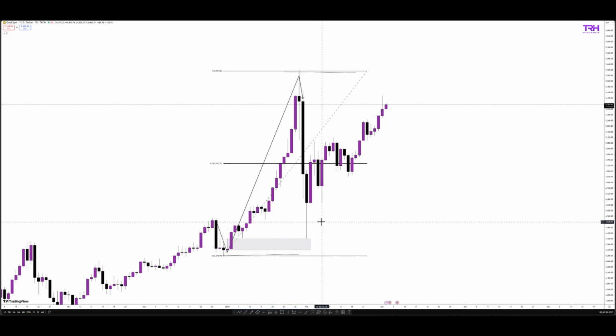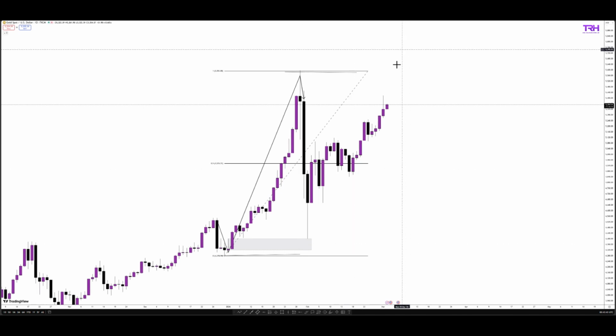The POI is going to throw the movement upward. So as you can see, price was in a discount area right here. Price moved, retraced and tapped into this POI the market left behind before, then continued in its original direction, which is bullish.